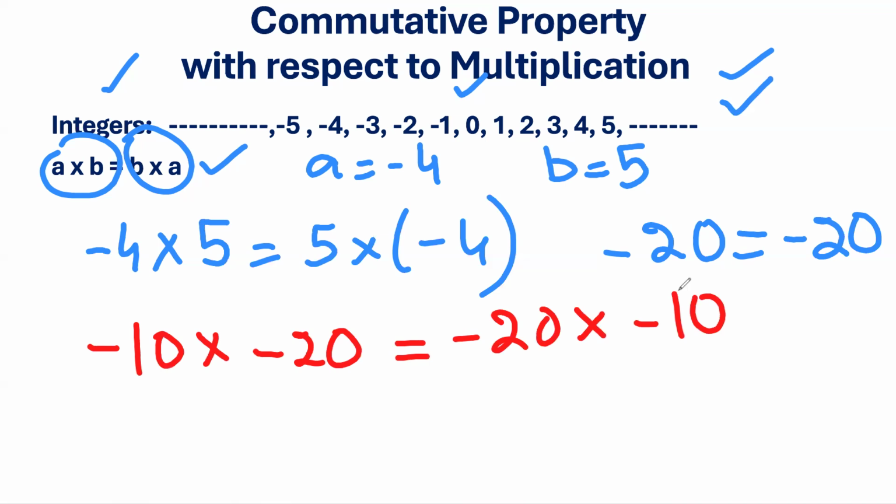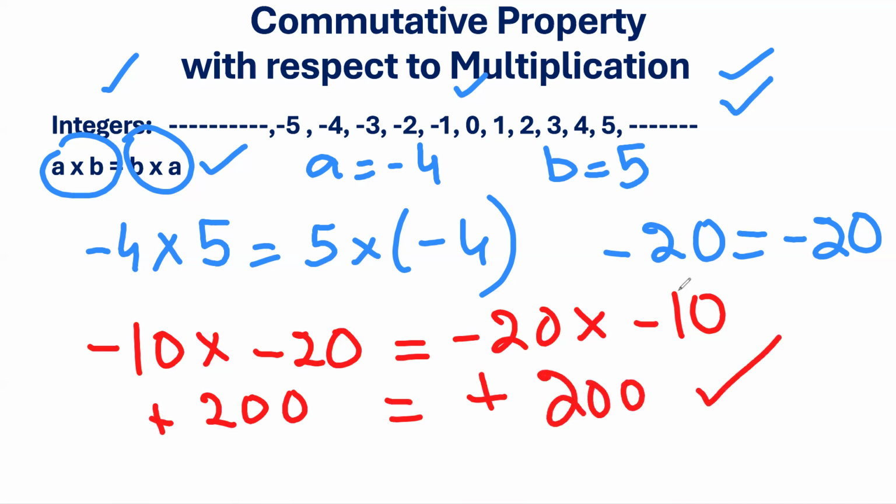Minus into minus is plus. 10 multiplied by 20 is 200. This side also, minus into minus is plus. 20 multiplied by 10 is 200. Both the sides are equal. Left-hand side and the right-hand side, this is equal to each other. So this is satisfied. Commutative property with respect to multiplication in the set of integers is satisfied.